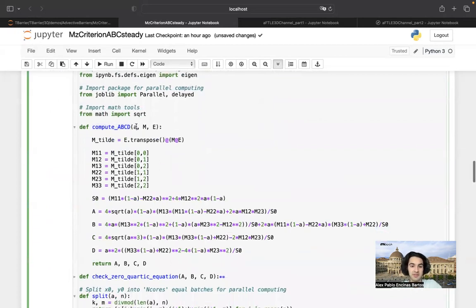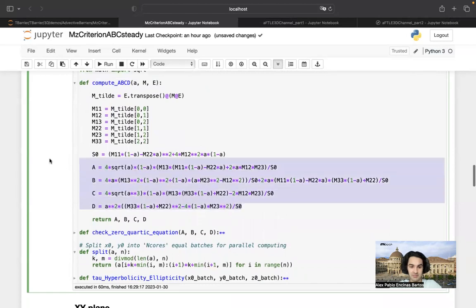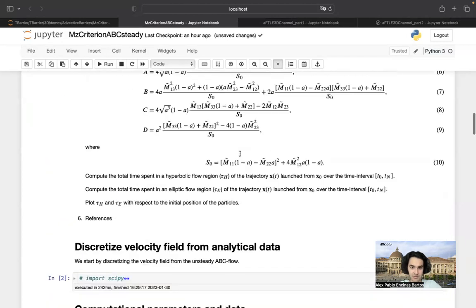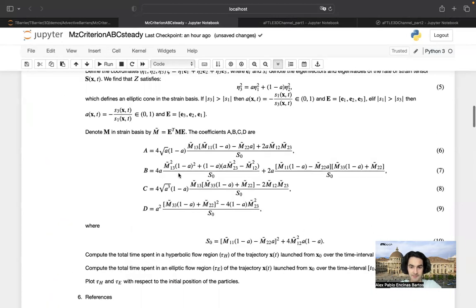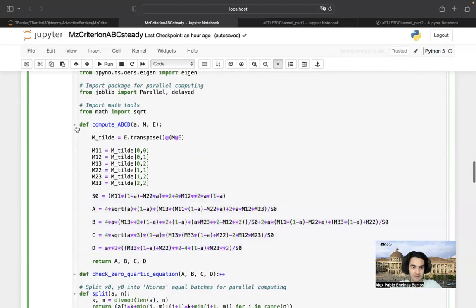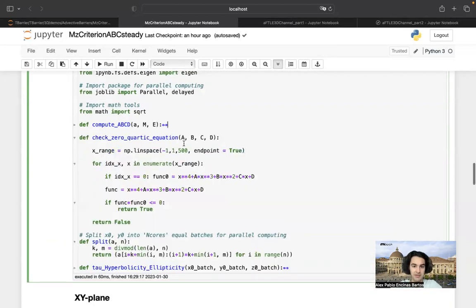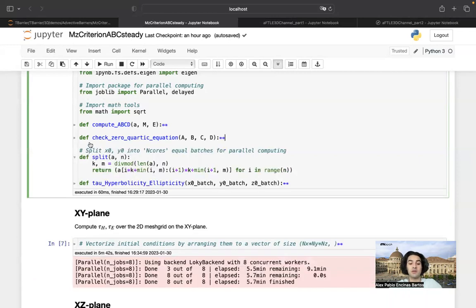It takes as input the small a value, the strain acceleration tensor and the eigenbasis. These are simply the formulas for the coefficients, so this section corresponds to this part here. Then this function takes as input all the coefficients A, B, C, D, and numerically checks whether the quartic equation has some zeros in the time interval -1, 1.